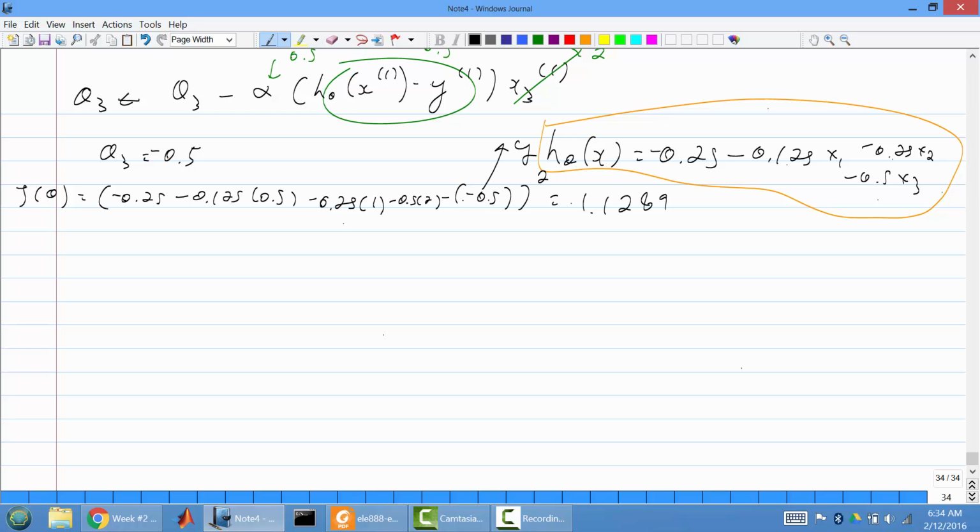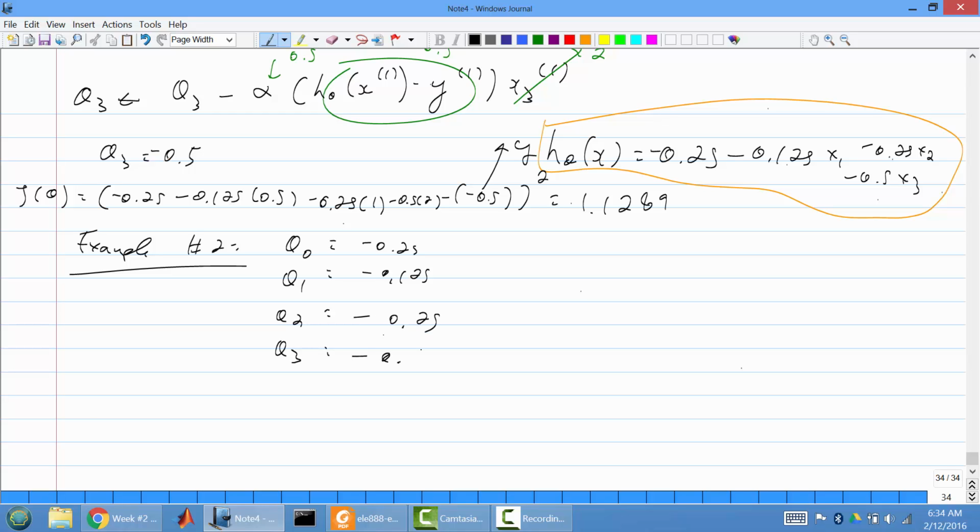Okay, so now what we're going to do is the second example. We only did the first example. So now we're going to do the second example, first iteration. All right. So we know currently that we have the following parameters after this example. Okay.